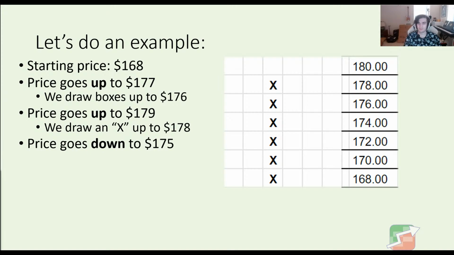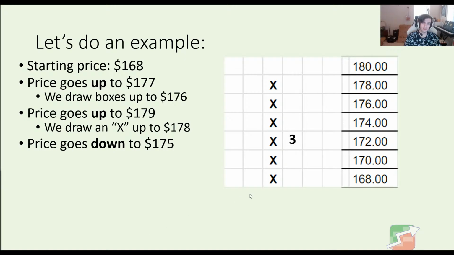Well, let's see. Remember, in order for us to reverse, to go from X's to O's or O's to X's, so in this case, to go from our column of X's going up to our column of O's going down, we need to have a reversal of 3 boxes or more. So that would be 1, 2, 3.